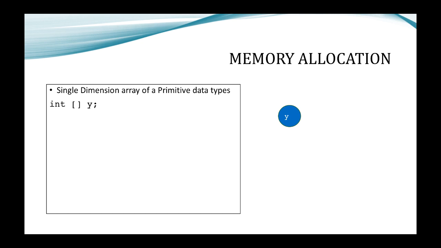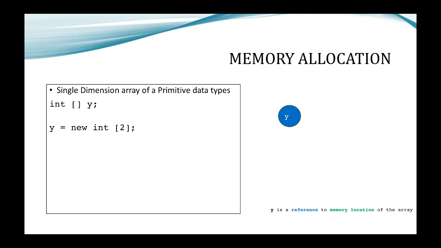Now in my slides here, I'm going to refer to a reference using a circular object, as you can see on the screen. When I say y equals new integer within box brackets 2, essentially I'm asking my system to allocate memory of size integer, and we would like to have 2 of these within our array.